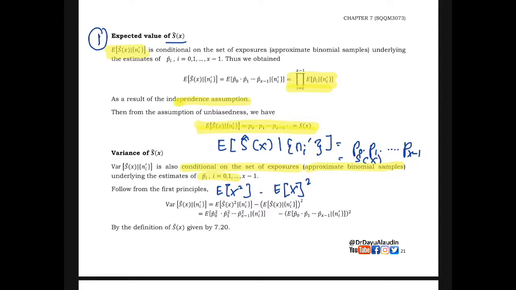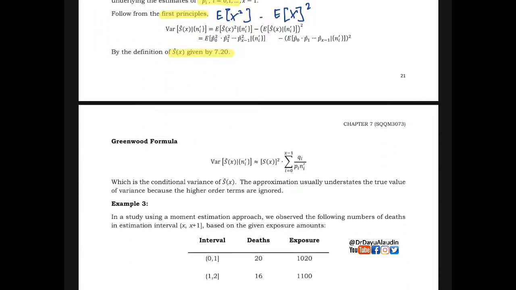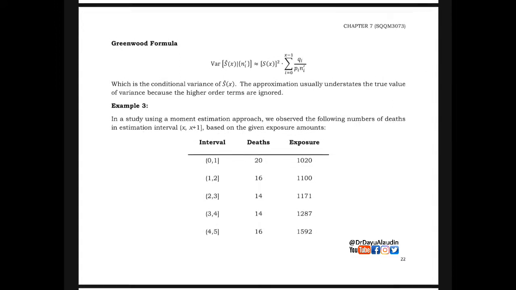So from that first principle, and the definition given in 7.2, we got the Greenwood formula, whereby the variance for the survival function, given the exposure, the Ni, is approximately equal to Sx squared times the summation of Qi over Pi Ni.